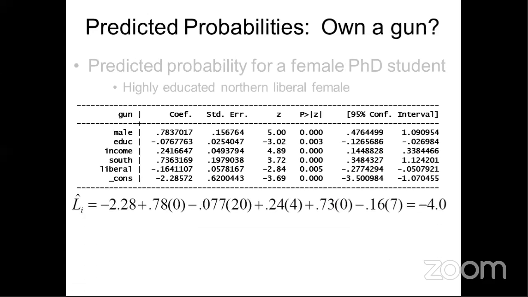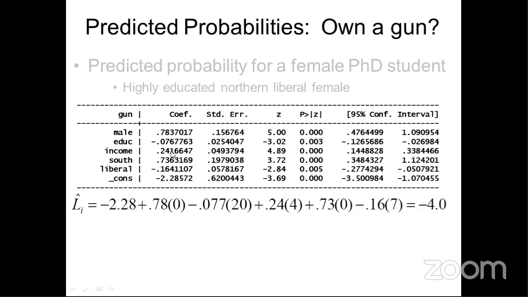So these are the probabilities. It is calculated for male, where male is 0 for female. Then the education level is 20 years and the income is 40,000, for example. And if the person belongs to the north and is liberal, it is in terms of graded points.